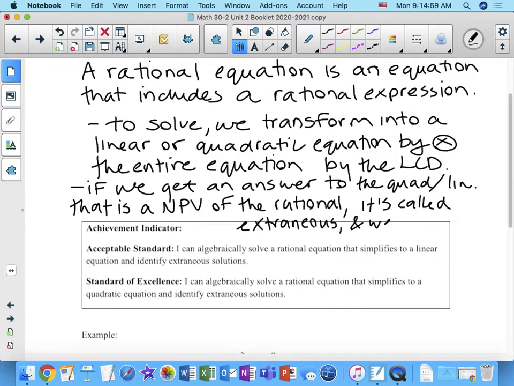And we throw it out. And we'll see examples of this.